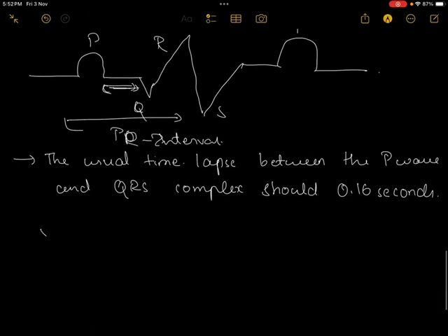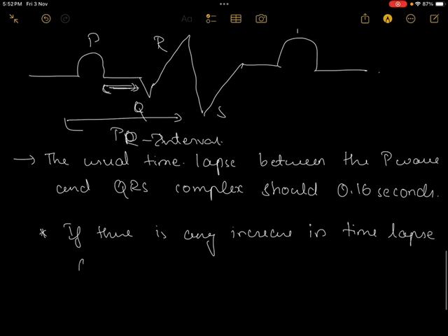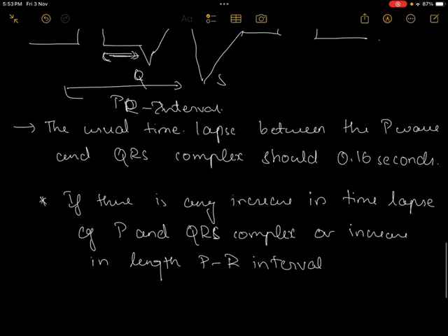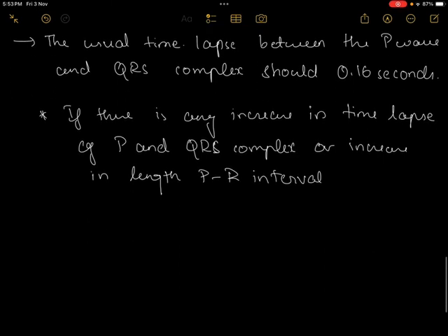So if there is any increase in the time lapse of P and QRS complex, or increase in length of the PR interval, then the heartbeat gets decreased.